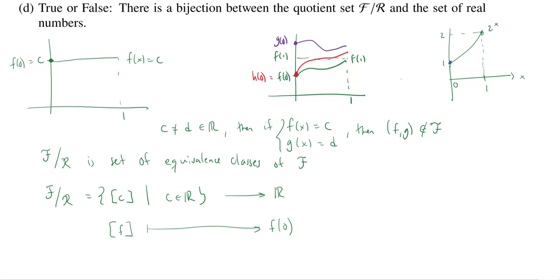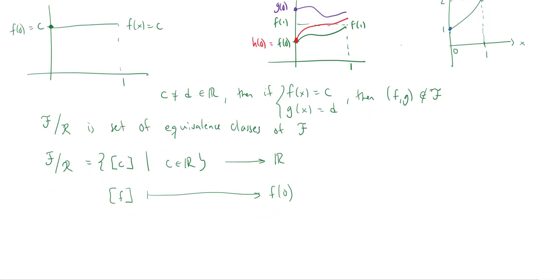Is it injective? All right, how would I show that something is injective? What if I had two different equivalence classes going to the same number? So assume the class of some f and the class of g both get mapped to the same number.